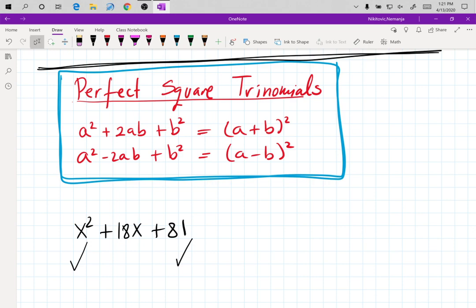And the middle one might or might not match. If it matches, you can factor it using this method. If it doesn't match, then you can't. Now, what do I mean by match? Well, that one has to be 2ab. And you have to check that every time.